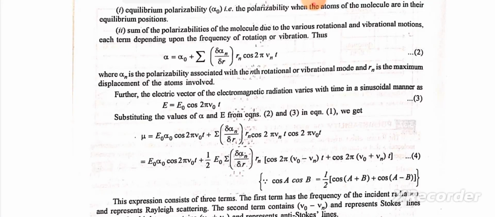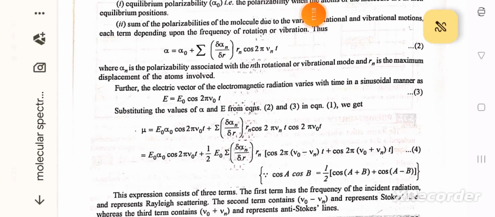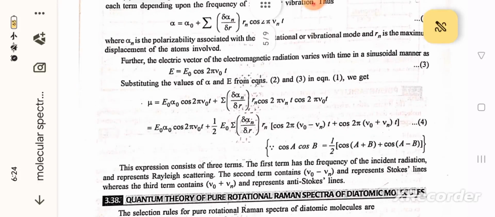By applying the mathematical relation cos A cos B is equal to 1 by 2 [cos (A plus B) plus cos (A minus B)], we get the expression mu is equal to E naught alpha naught cos 2 pi mu naught t plus half of E naught summation of del alpha n with respect to the change in displacement into Rn multiplied by [cos 2 pi (mu naught minus mu n) t plus cos 2 pi (mu naught plus mu n) t]. This expression consists of three terms.